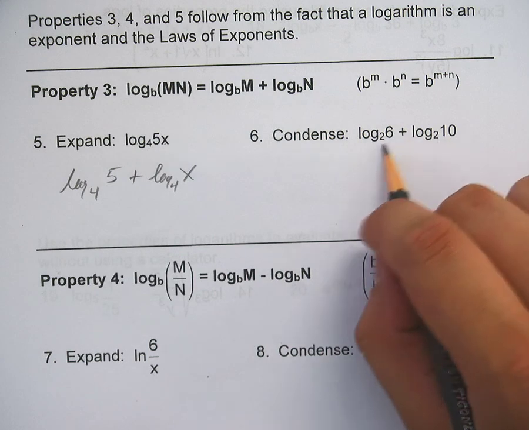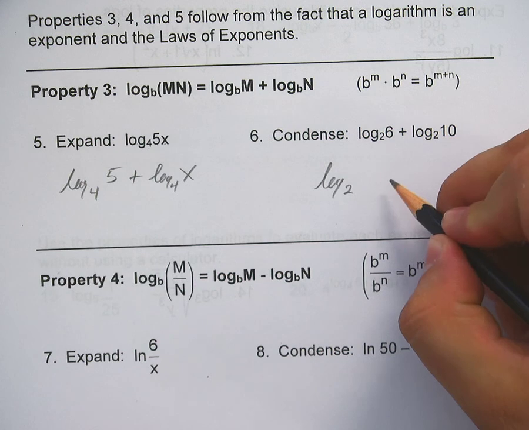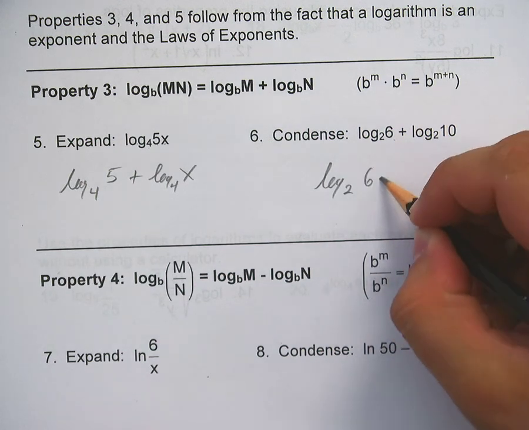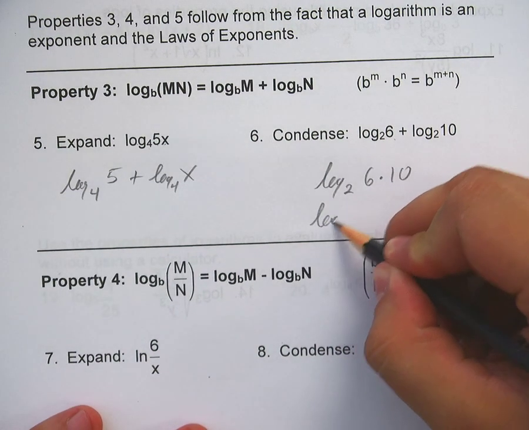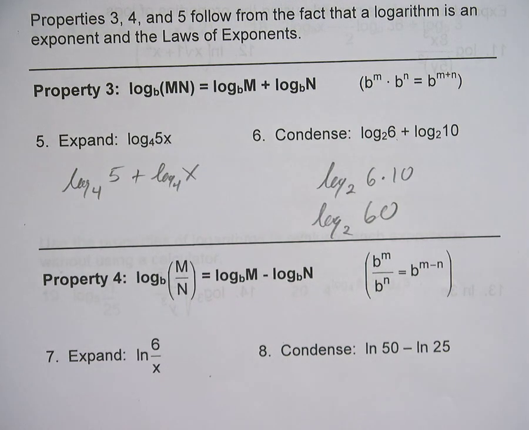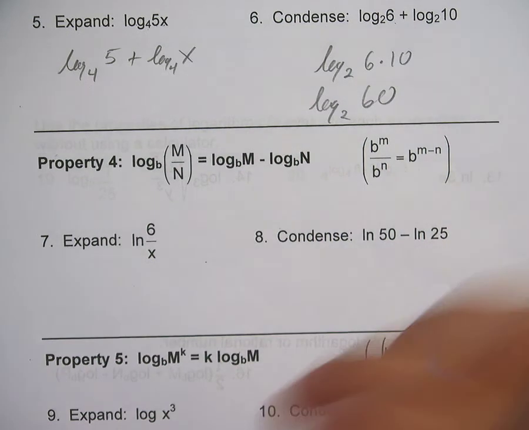If you're adding logarithms and the base is the same, then you can call that log base 2, and then we can take 6 times 10, which is 60, right? So log base 2 of 60. All right. The subtraction and division one.